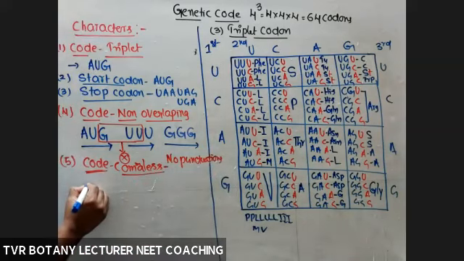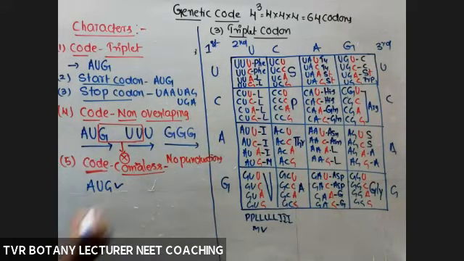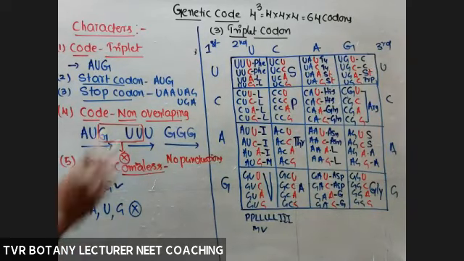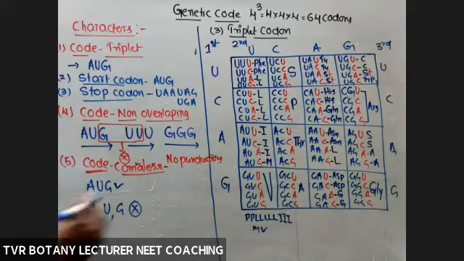For example, AUG. This is correct one. See, wrong one. A comma, U comma, G comma. Wrong. So wrong way of presentation of genetic code. AUG is correct. Okay.